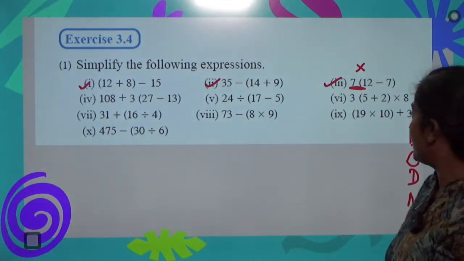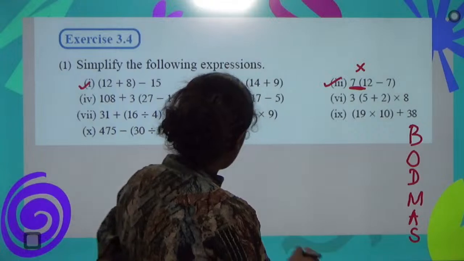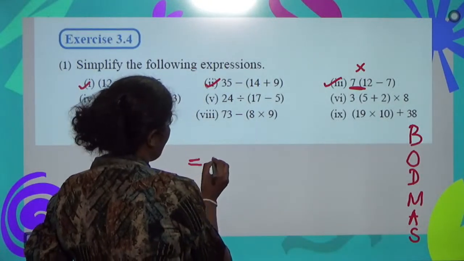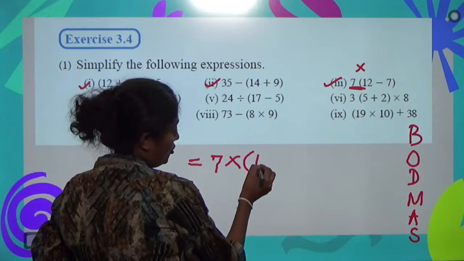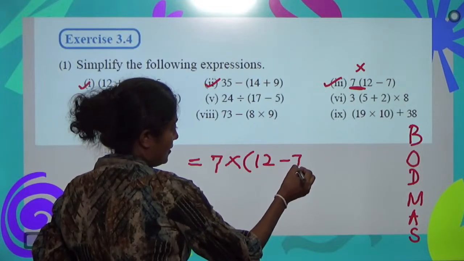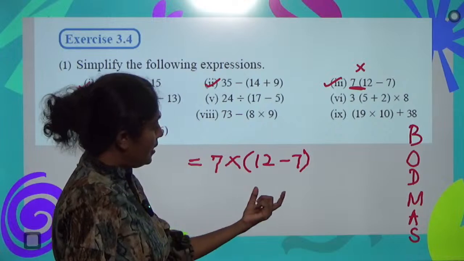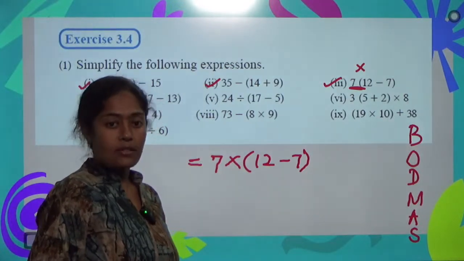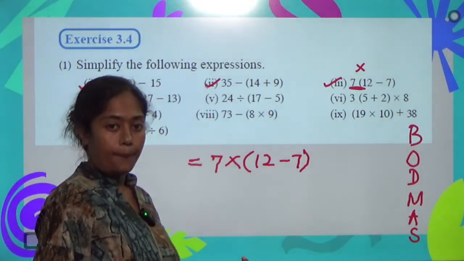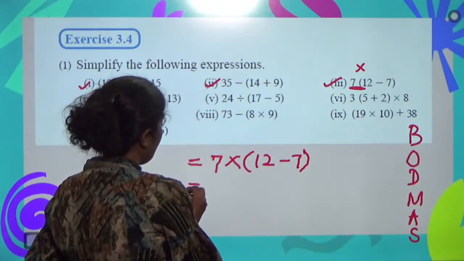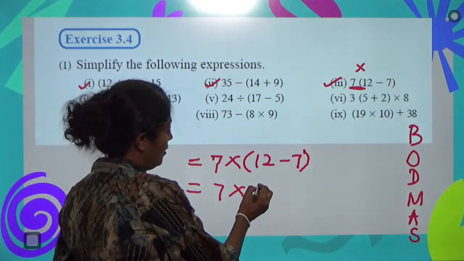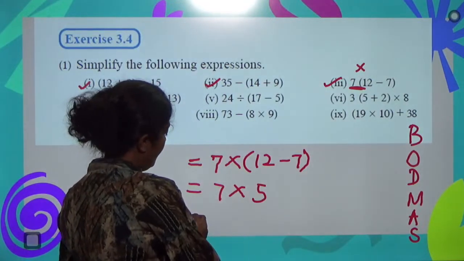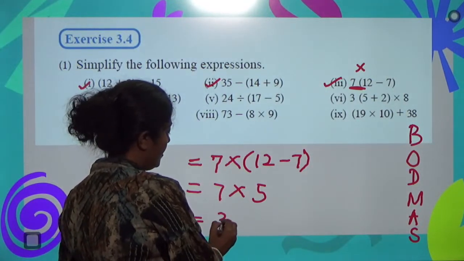We'll see then. I'll write it like this: 7 multiplication 12 minus 7. Since the bracket is there, first we have to simplify the brackets, then 7 multiplication 5, and the answer is 35.